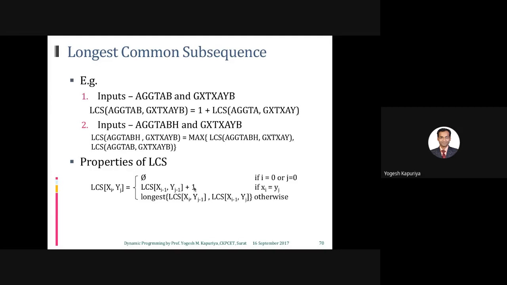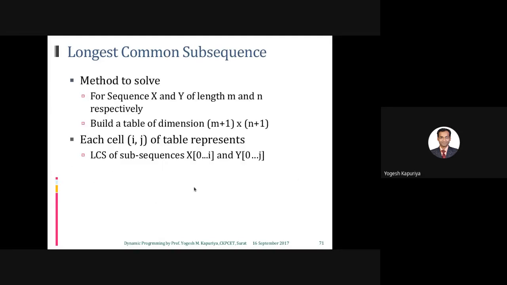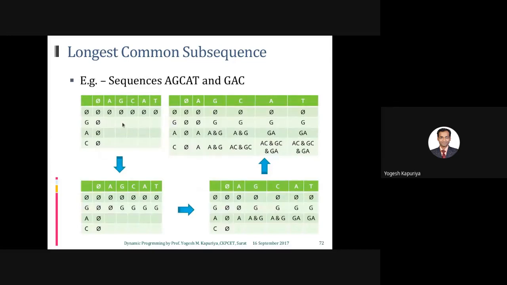Plus 1. They are matches. Previous row and previous column, so that means you are taking the value from the diagonal. So you are taking the value from the diagonal cell plus 1. 1 means whatever letter which is matching.